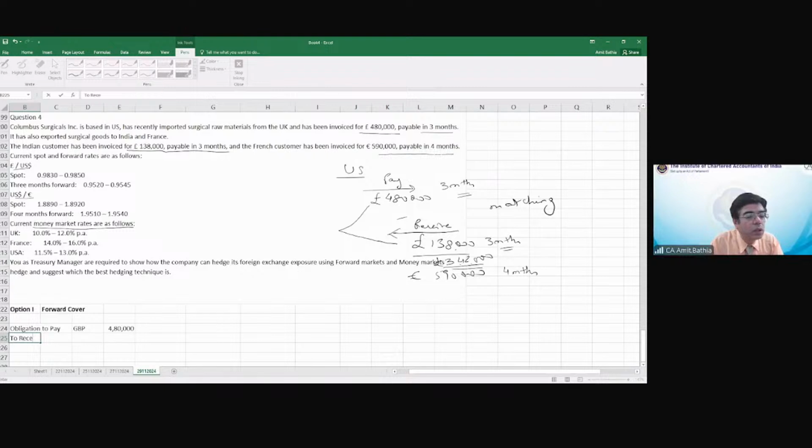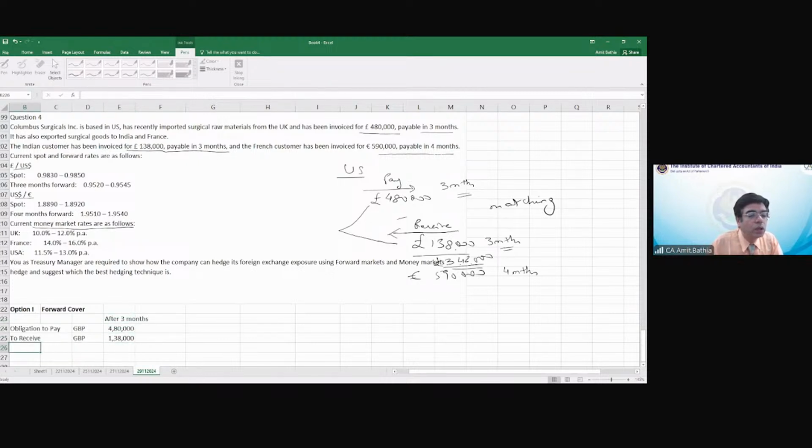to receive how much? GBP 138 lakhs. 138. These are both after 3 months, right? Yes. After 3 months. So I can take the same together. All right.